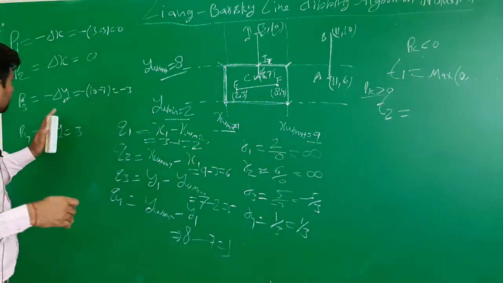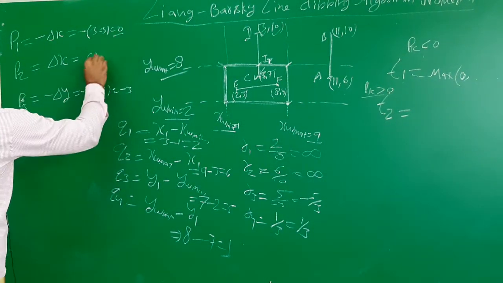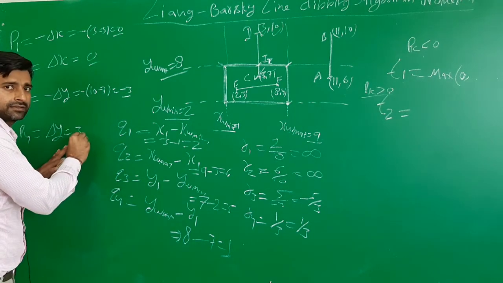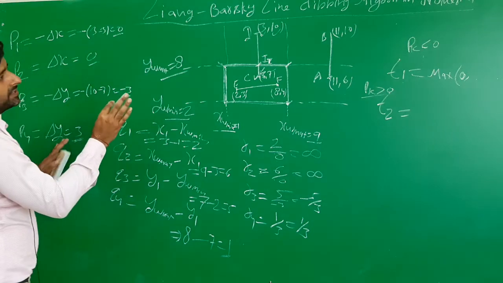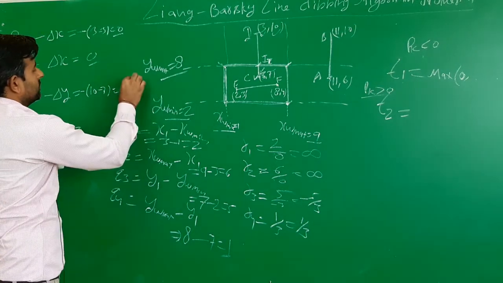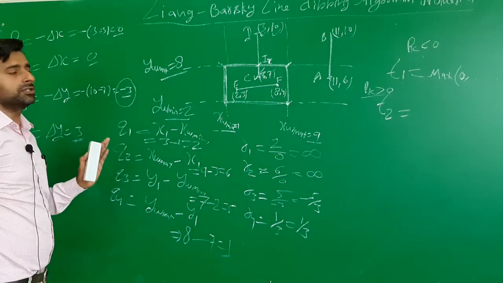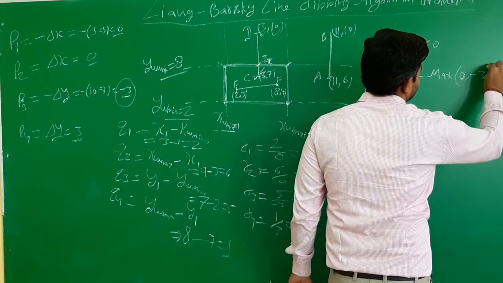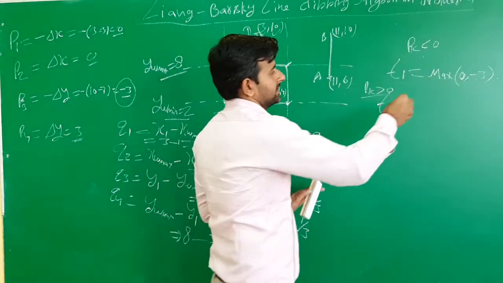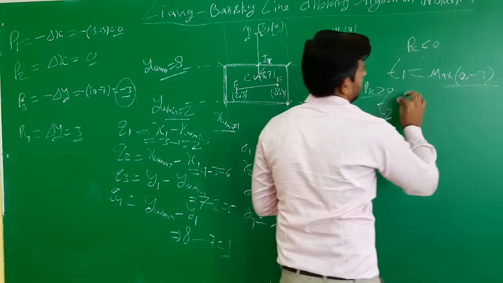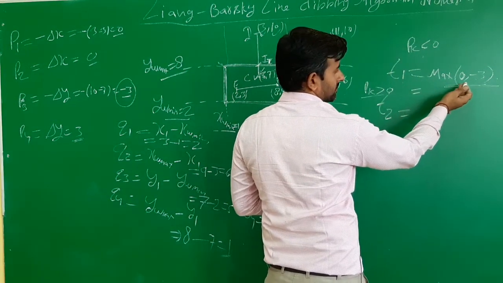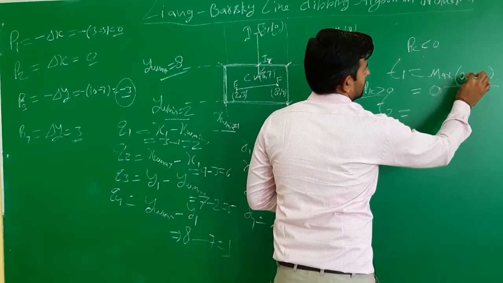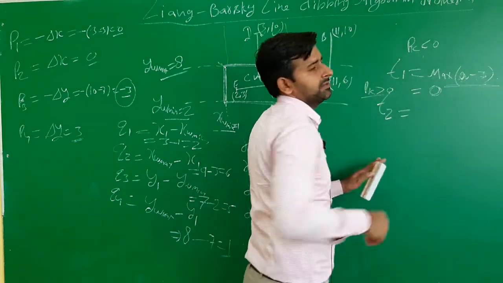Check the P values: 0, 0, minus 3 and 3. Only minus 3 is less than 0. From this set we take the maximum. If we compare 0 and minus 3, then 0 is maximum.